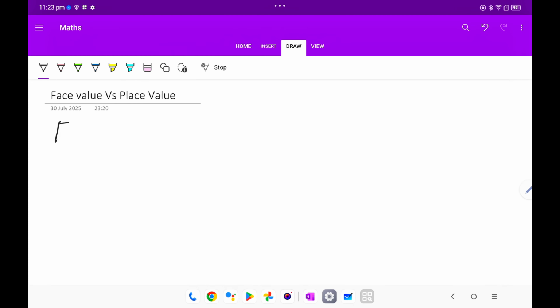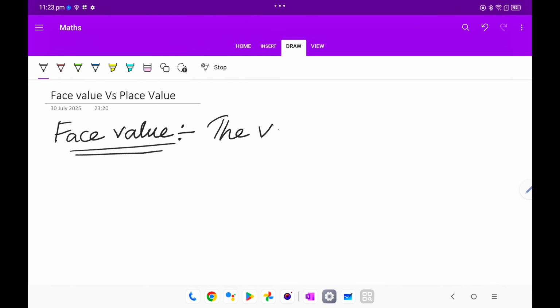Okay, so what is face value? In simple words, the face value of a digit is simply the digit itself.